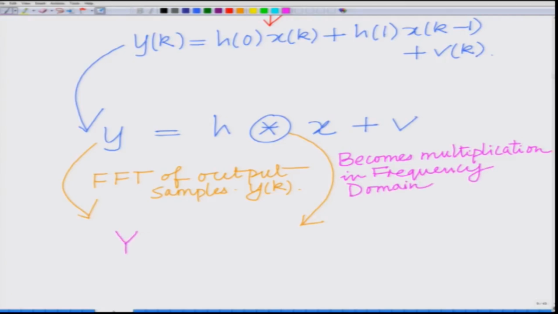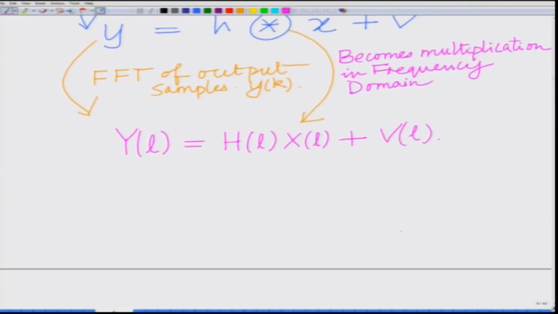Therefore across subcarrier l, you have Y_l equals H_l times X_l plus V_l.